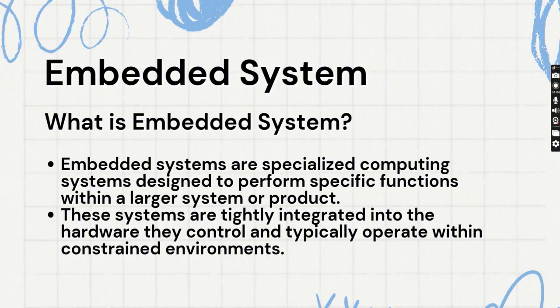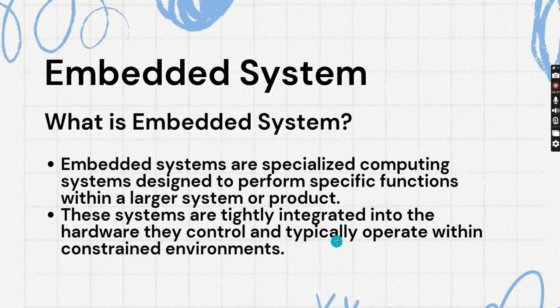For example, in a washing machine, we do programming with a set of instructions for timing, timer, and counter. It is all programming, and we use hardware like a microcontroller or microprocessor. So it is basically a combination of hardware and software. That is an embedded system. These systems are tightly integrated into hardware.